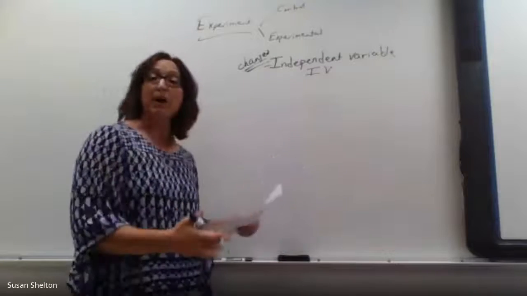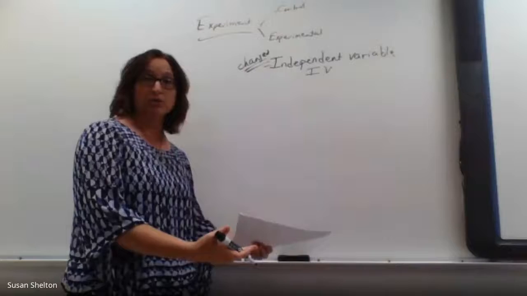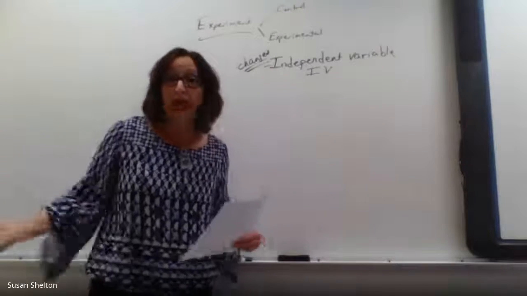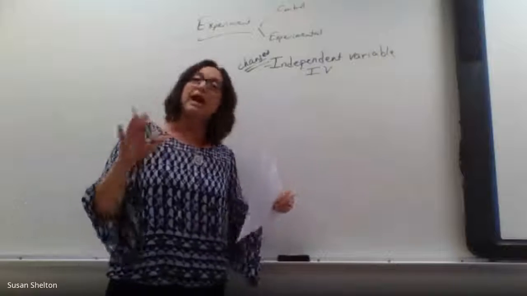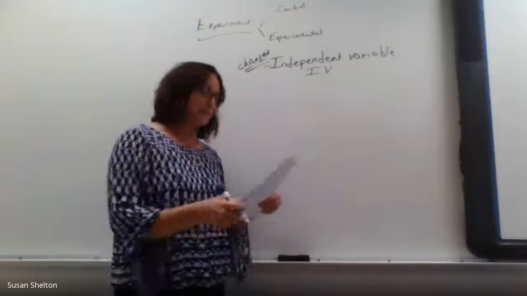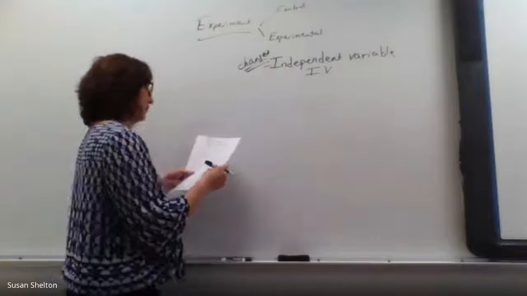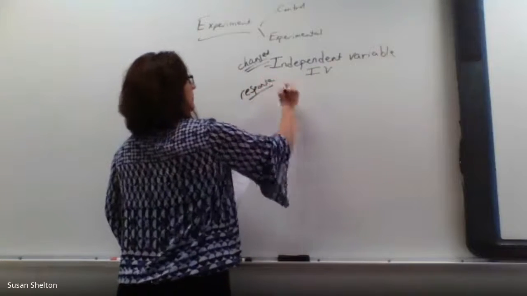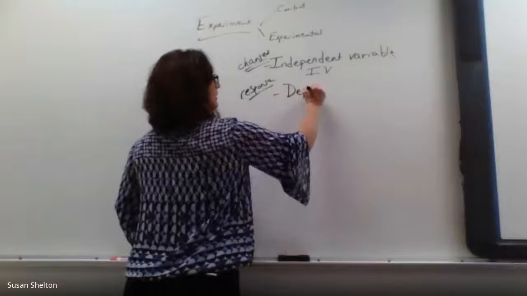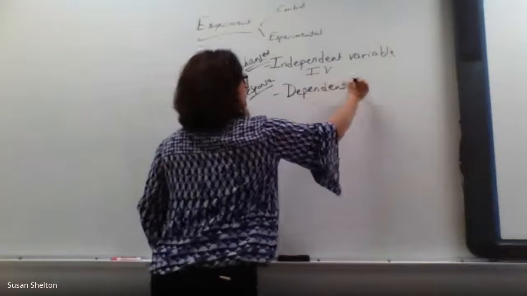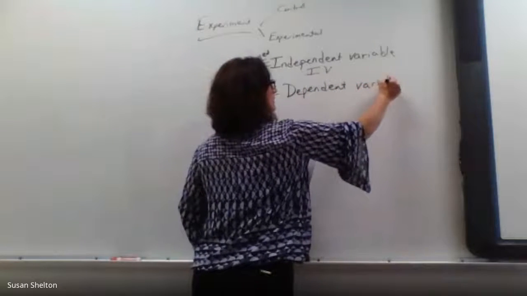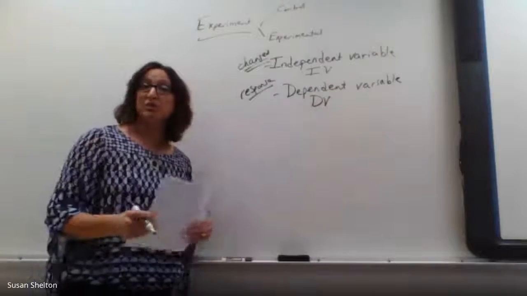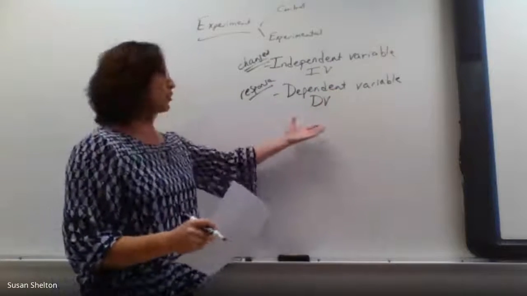Next, the response to that change. If you change something in the tank, something should happen. Okay, so that response, whatever's happening, is called the dependent variable, which we usually just put DV for short.